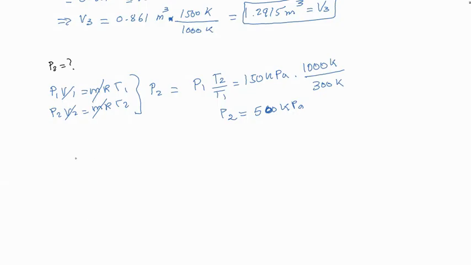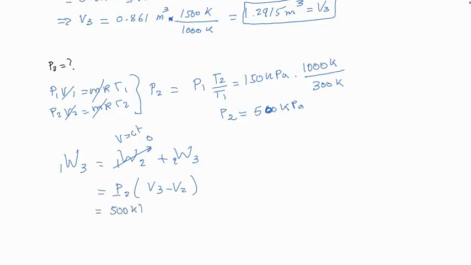So we can say that the total work is the work between 1 and 2, which is 0 because volume is constant, plus the work between 2 and 3 where the pressure is P2, 500 kilopascal. So this equals P2 times volume 3 minus volume 2.